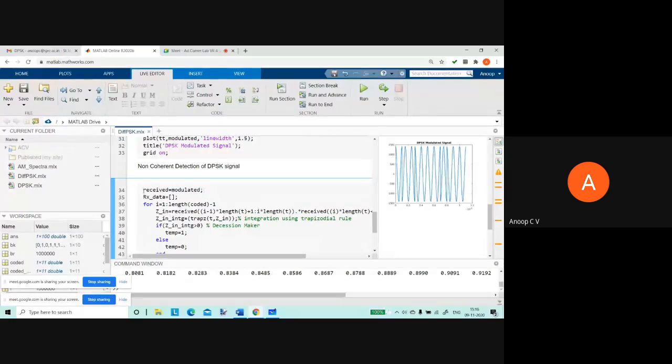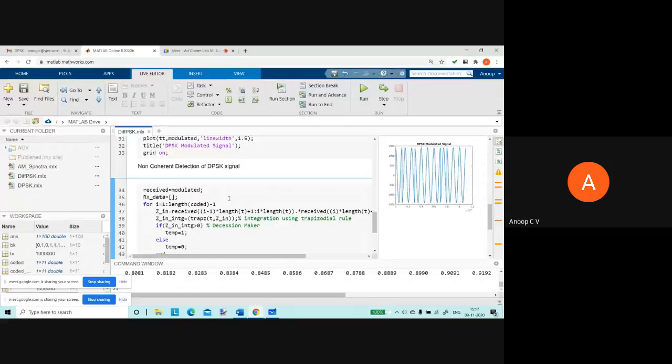So we are assuming the received modulated signal is received as such. Then we have to demodulate and get the data. As usual, I have assumed the demodulated information to be a null array. First, I should multiply the present symbol with the previous one.